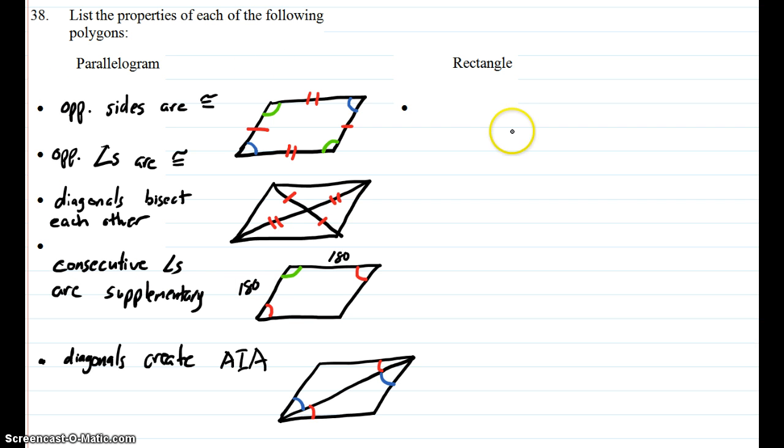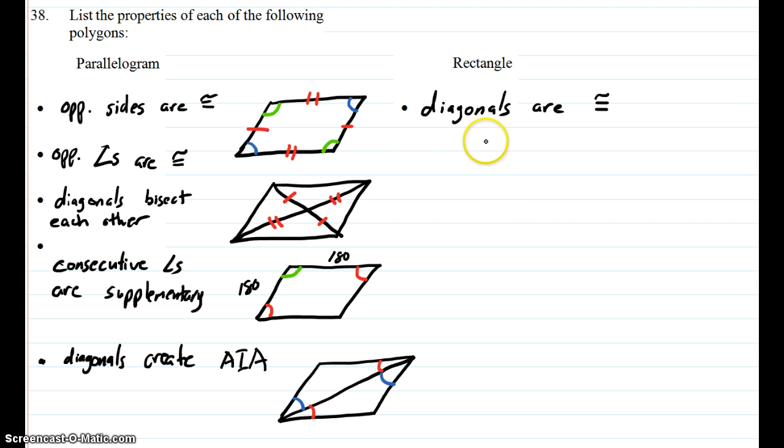Rectangle. Now, a rectangle is a parallelogram, so it includes all these properties, but it has one extra special thing, is that the diagonals are congruent.